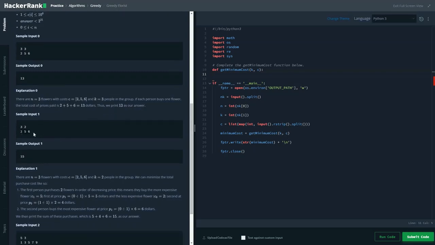So one way of doing it is that we could sort the entire list in, say, descending order. So our values would become 6, 5, and 2.